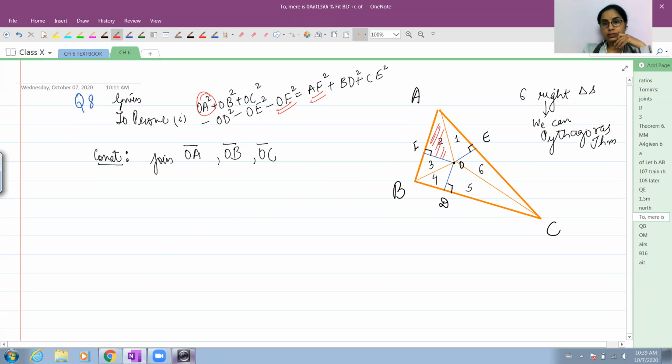And after this, simply take alternate triangles. The adjacent triangles we do not take. So after 2, you would like to take, I think, triangle number 4. Let us see if that helps. It will have BD, OD and OB. So we will have BD, OD and OB from triangle number 4. And then we will take triangle number 6. Triangle number 6 will give you OE, OC and EC. So these are the three triangles we are going to work with for the first part and apply Pythagoras in each of these.